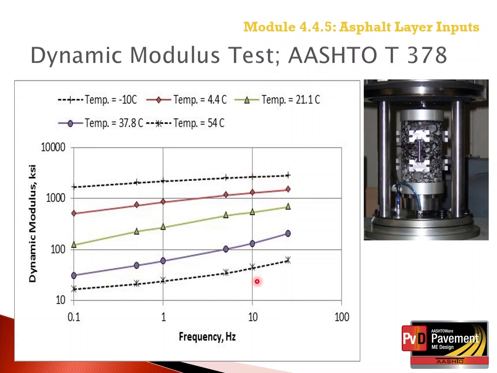As shown, as the test frequency increases or the loading time decreases, dynamic modulus increases. The impact of frequency is less at the colder temperatures because the asphalt behaves more like an elastic material at the lower temperatures in comparison to the higher test temperatures.